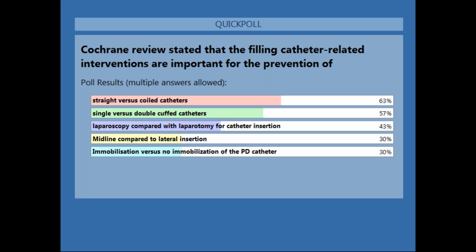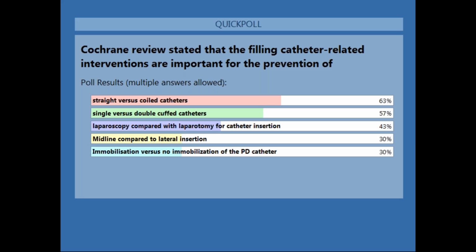They're all performed in adults on PD, and they've all shown that a better outcome is seen with a straight rather than a coiled catheter. The straight catheters are shown to have improved primary function, improved PD technique survival, and a lower risk of catheter migration. And again, like I said on one of those initial slides, the internal memory of the catheter is the most important factor against catheter migration.